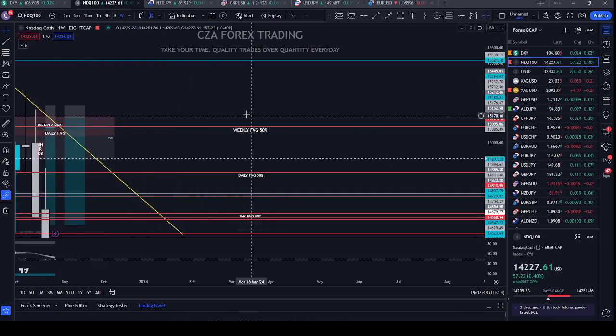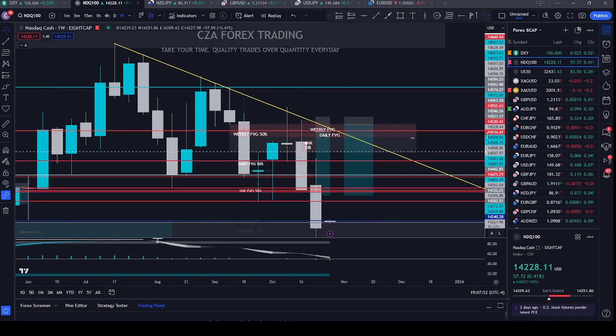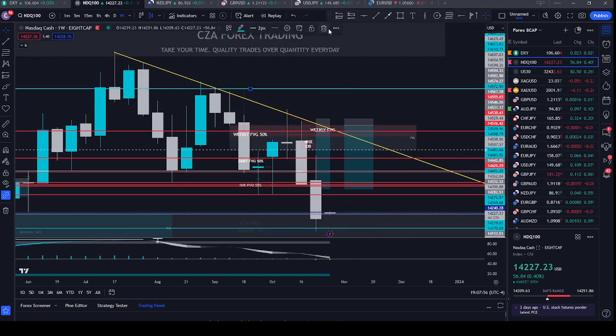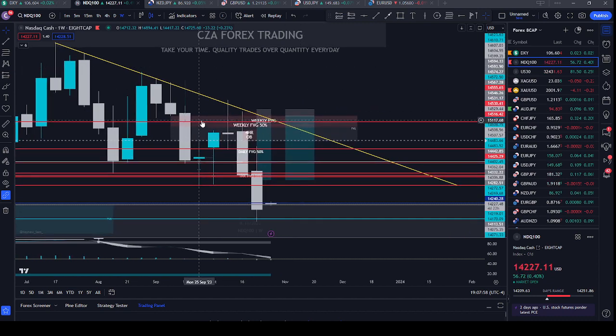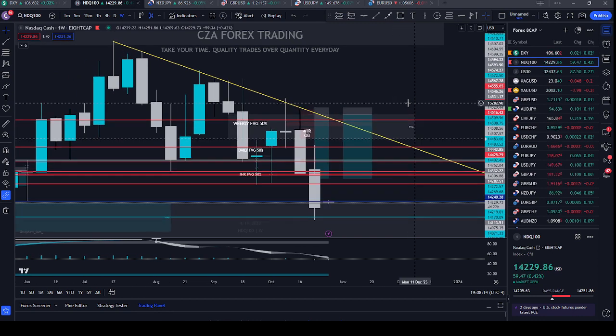Let me show it to you guys. So this was last week. This right here was the 50% of right here to here, and that actually did get hit. That weekly fair value gap got hit right over here. So let's remove that since that's already been mitigated. We identified that as a point of interest for us.